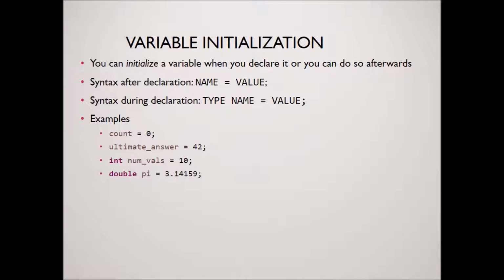So you can initialize it when you declare it, as in int numVals equals 10, or you can declare it as int numVals semicolon, and then on the next line say numVals equals 10 semicolon. So you can do it all in one line, or you can do it in 2 lines. You can choose which way you want to do that.